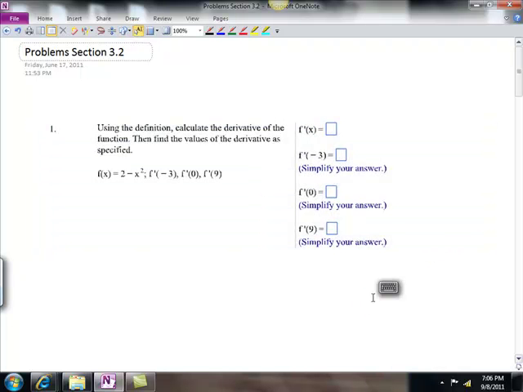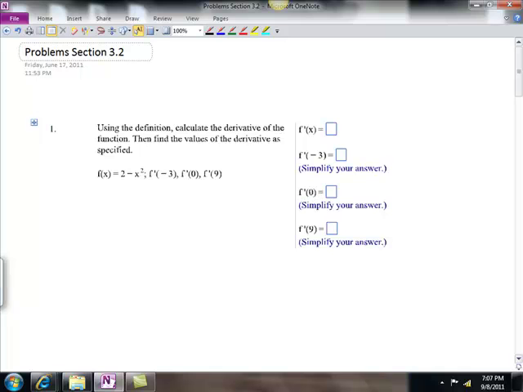It says using the definition. When it says that, we're doing the same thing we've been doing. Calculate the derivative of the function, then find the values of the function as specified. You guys that know calculus, there is no one standing over your shoulder that says you have to do it by the definition. You'll have to do some on the test, but could you? Who can tell me what the derivative of that is right there?